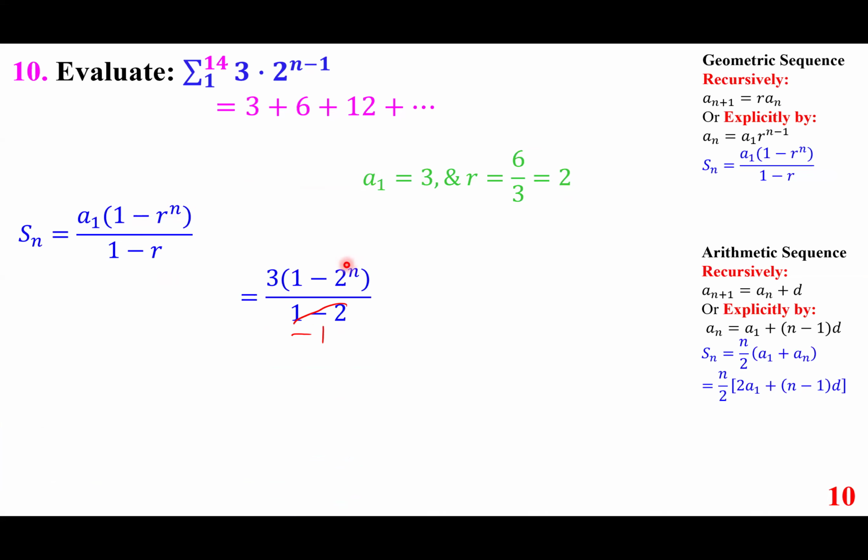What is n? Since we want to go all the way to 14, replace the n with 14. So this is S sub n. What do we want? S sub 14. Replace this with 14 to come up with the proper answer.